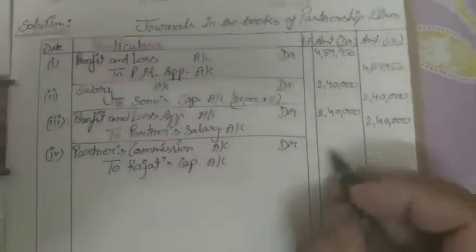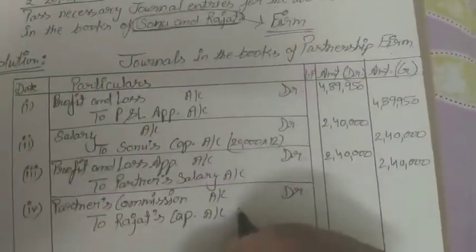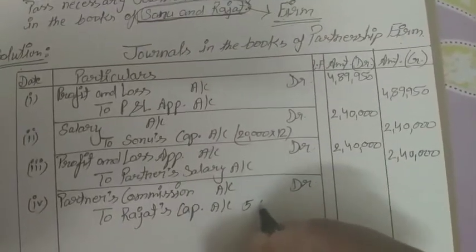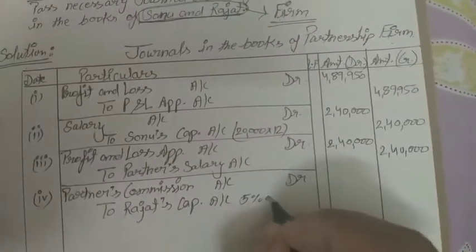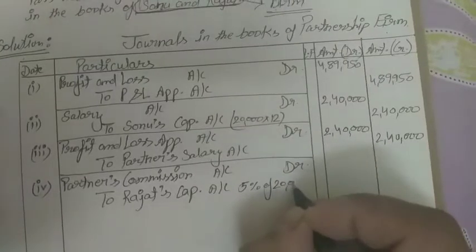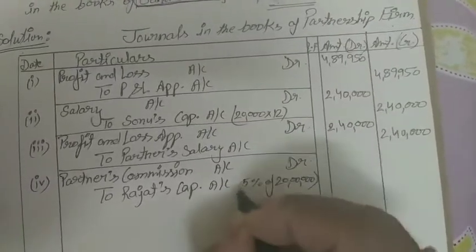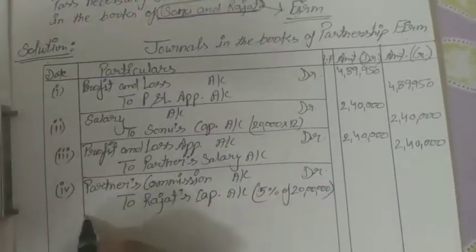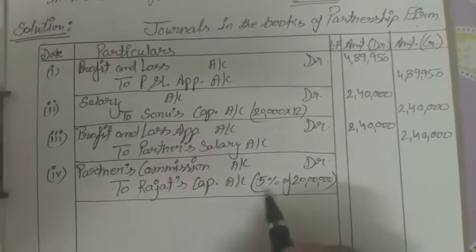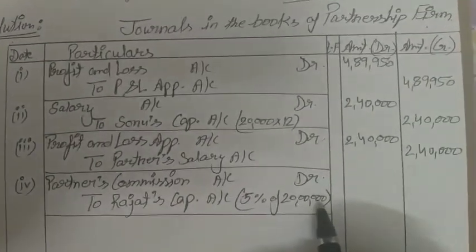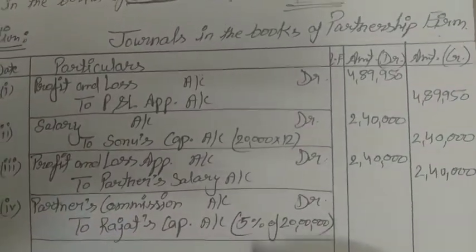The amount will be 5% of 20 lakh, that is ₹1,00,000.